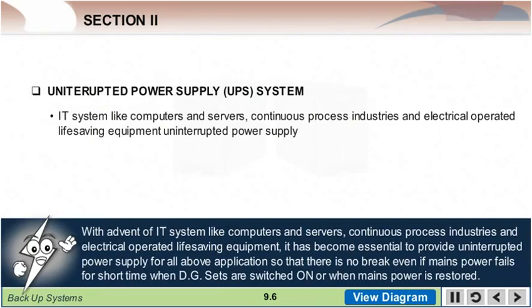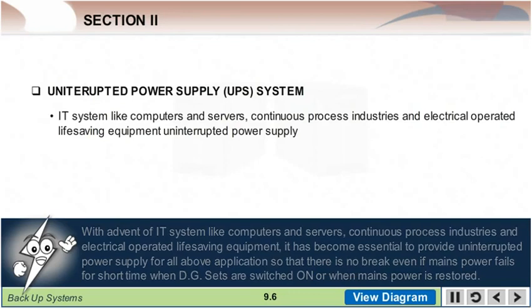And servers, continuous process industries, and electrically operated life-saving equipment, it has become essential to provide uninterrupted power supply for all above applications so that there is no break even if mains power fails for short time when DG sets are switched on or when mains power is restored.